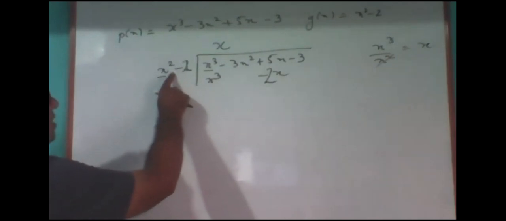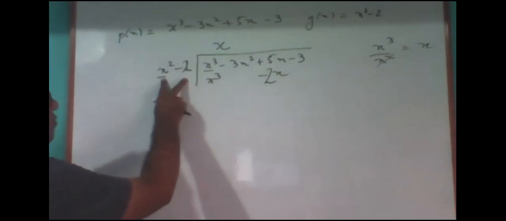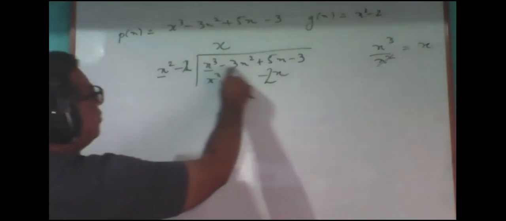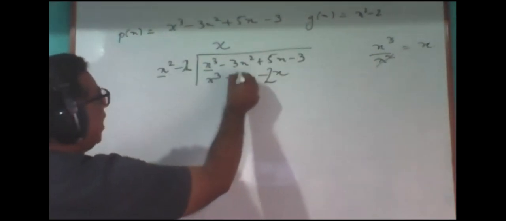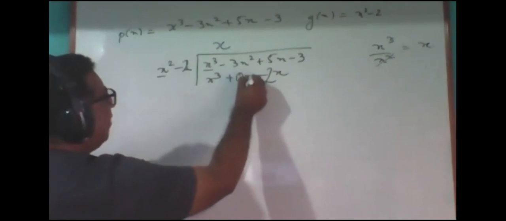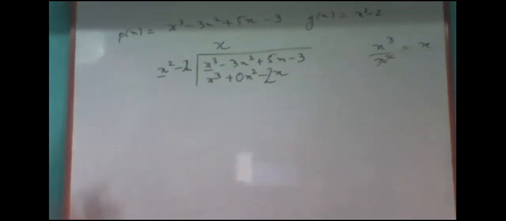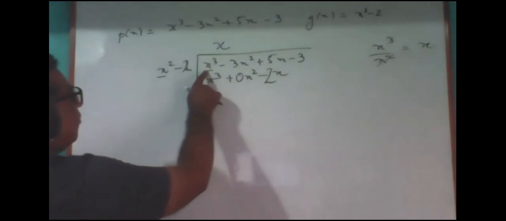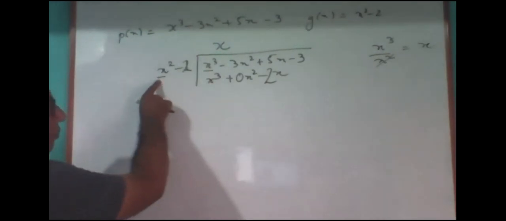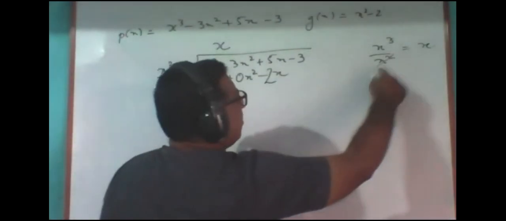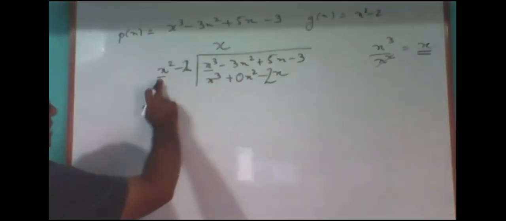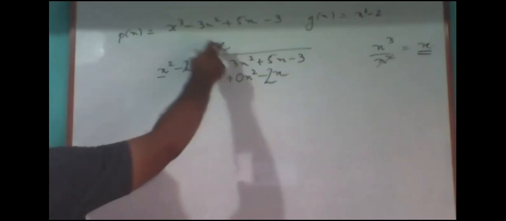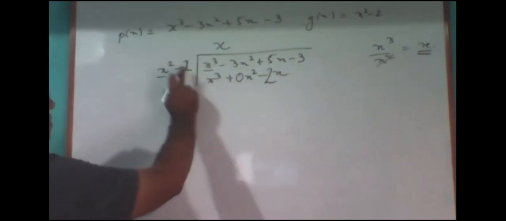One term is missing here. The divisor has two terms, and I am trying to divide three terms. If the x square term is not coming, I'll write 0x square. I repeat, initially I wanted to divide x cube by x square, so I got x. X multiplied by x square is x cube, and x multiplied by minus 2 gives minus 2x.